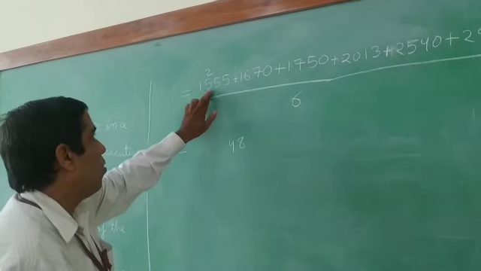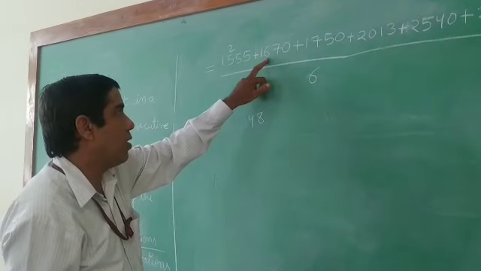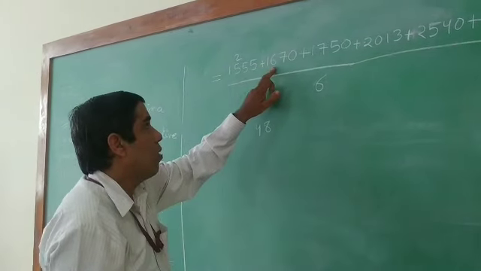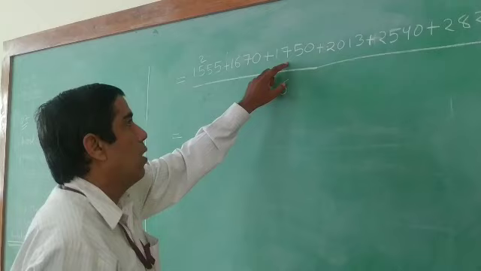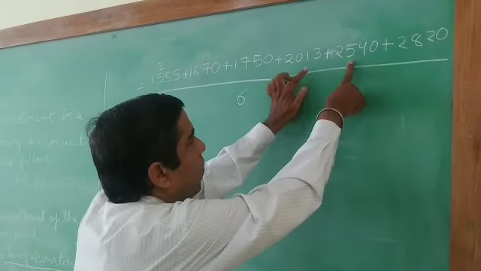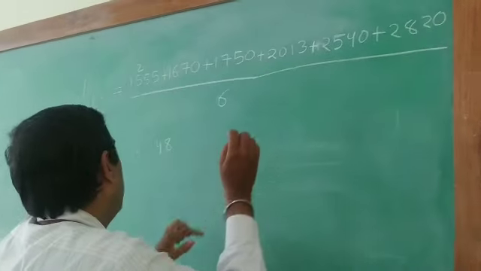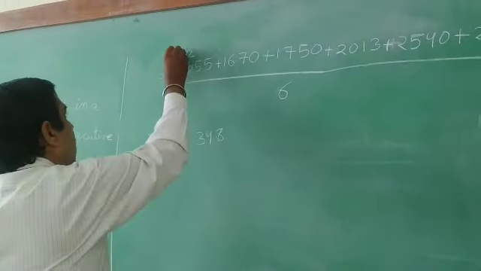Now 2 plus 5, it is 7. Now I am moving on to the 100 place. 7 plus 6, 13. You can see it is 13 now. 13 plus 7, 20. Now 20 plus 0, it is 20 only. 20 plus 5, 25. 25 plus 8, 33. So it comes here 3 and 2 will come here.